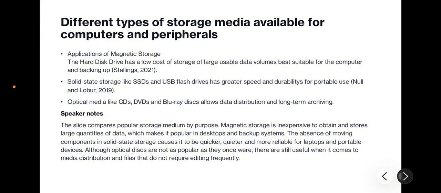Although optical discs are not as popular as they once were, they are still useful when it comes to media distribution and files that do not require editing frequently.